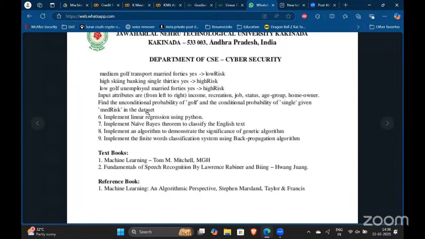We will not directly use Bayes theorem, but here we'll be using the formulas of conditional and unconditional probability. In the morning I explained to you, I have given you some equations, right? Those equations belong to conditional probability. And unconditional probability is nothing but the probability of that one specific entity. In the Bayes theorem also, we have the values of probability of A and probability of B, right?